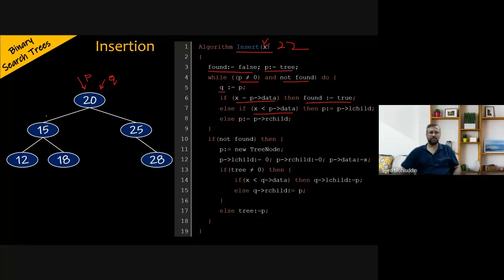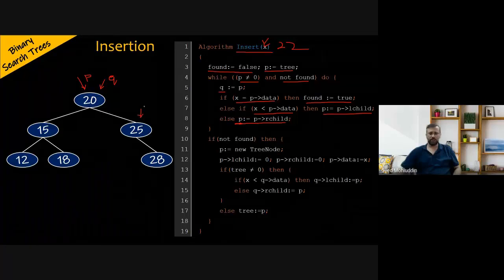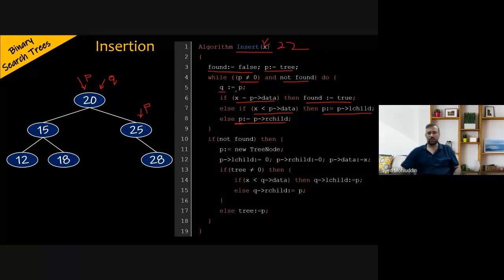Else if it's less than, we move to the left subtree; else, we move to the right subtree. In this case, 22 is greater than 20, so p equals p arrow r. Only p is moving at this point. Then we check while p is not null, and q is assigned p.